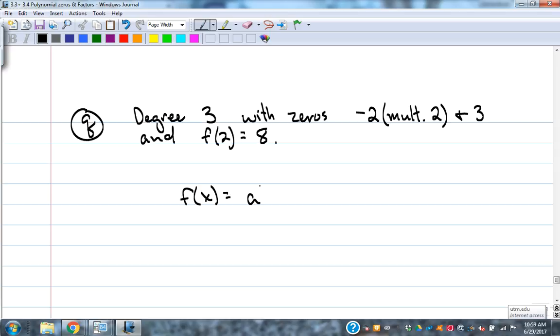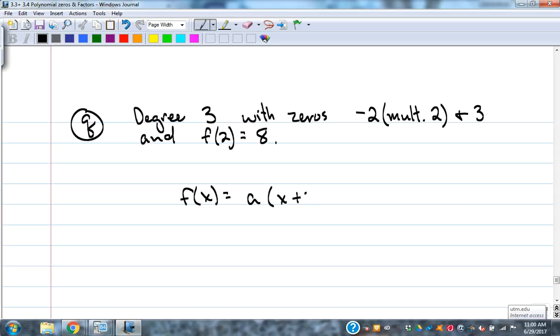So we're going to start out with f of x is equal to a, and then I'm going to put my factors. What does it mean to be a factor? What's the factor that goes with the zero of negative 2?